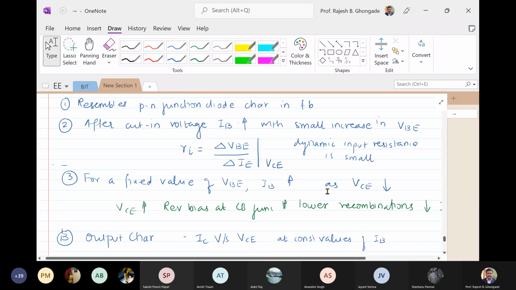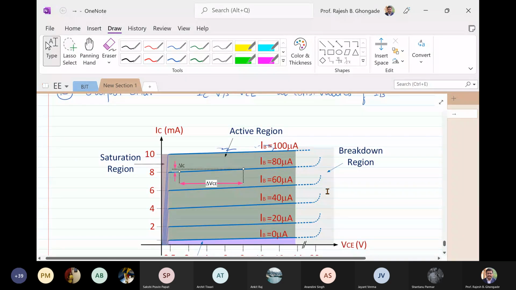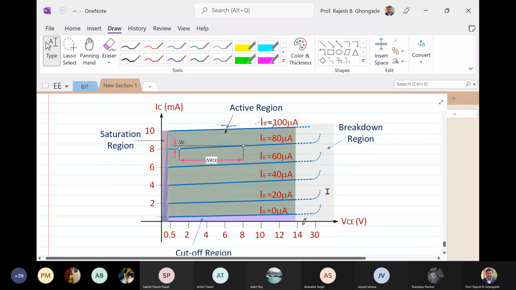From the characteristics, I can simply find out beta DC by taking the ratio of any value of IB and the corresponding value of IC. Okay? Yes, sir. So that can be done.